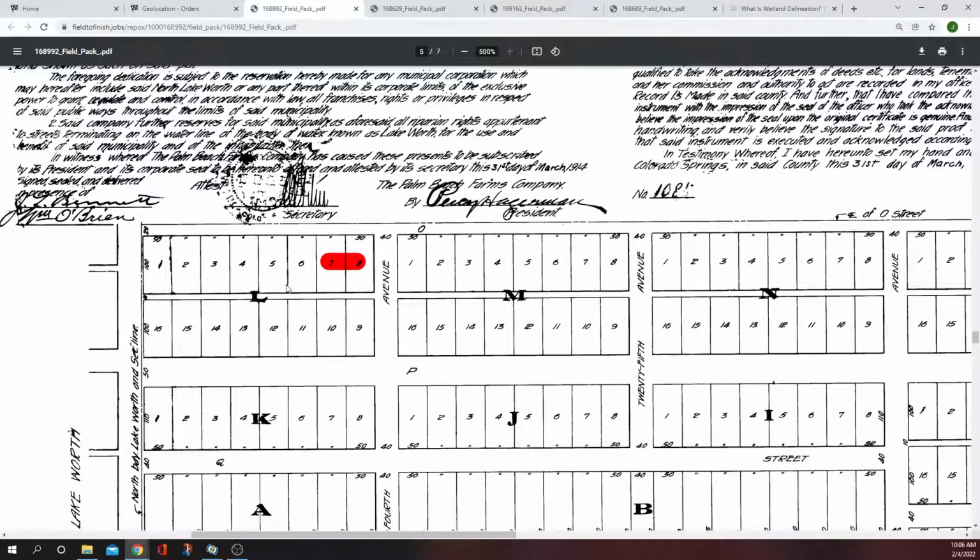If I don't have any bearings here, this lot may look like 90 degrees because it's 50 by 100, 50 by 100, but it can be 50 by 100 and still be diagonal a little bit. So I need this line just as much as I need this line. You can't just give me front corners and prove the basis of bearing or the rotation of your lot or any of that. You always need to go to the block corners.